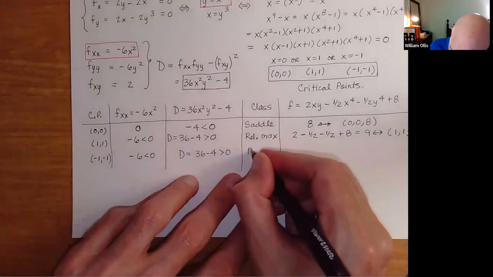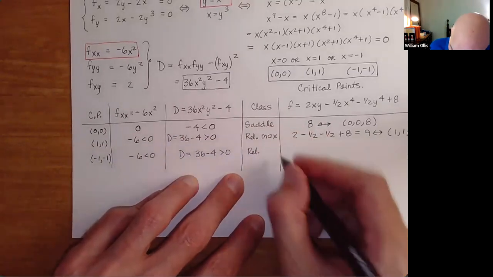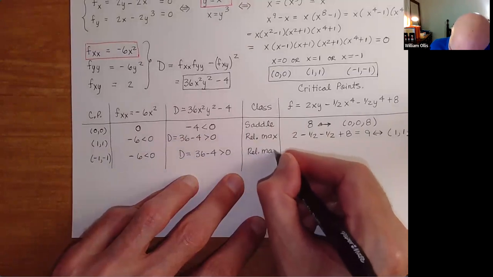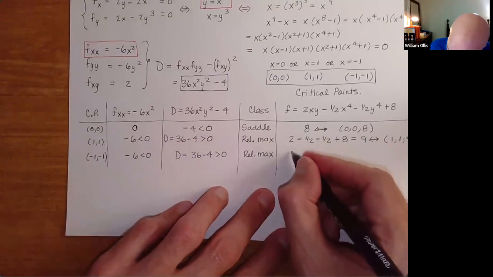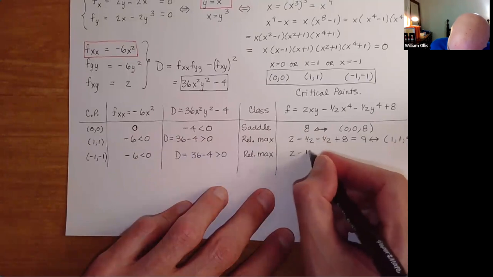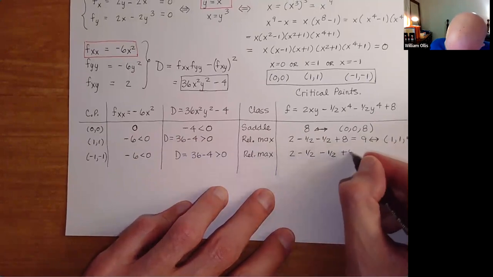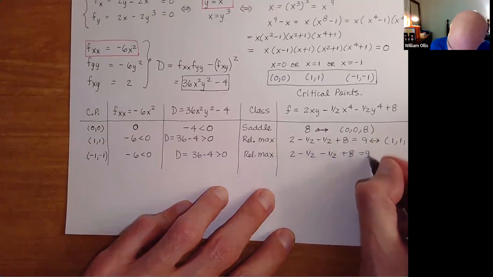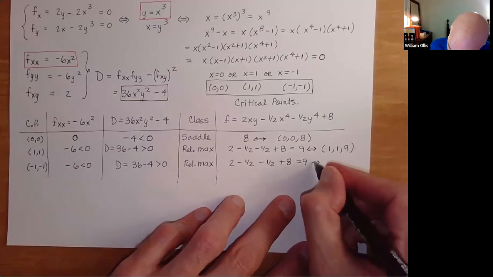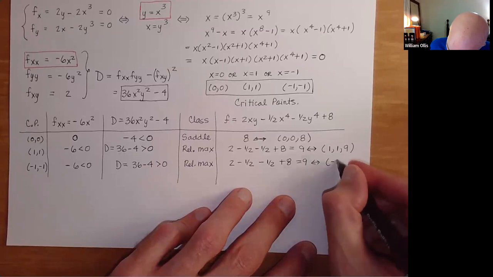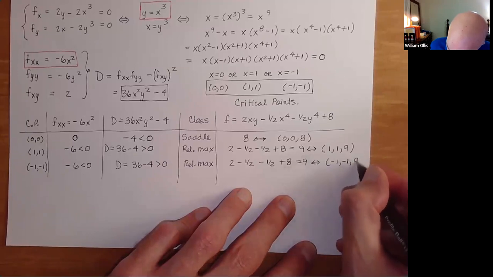The derivative test gives us a relative max. And then we get the same value. I'll write this down. Minus 1/2 minus 1/2 plus 8. And that gives us a 9. So now the ordered triple is -1, -1, 9.